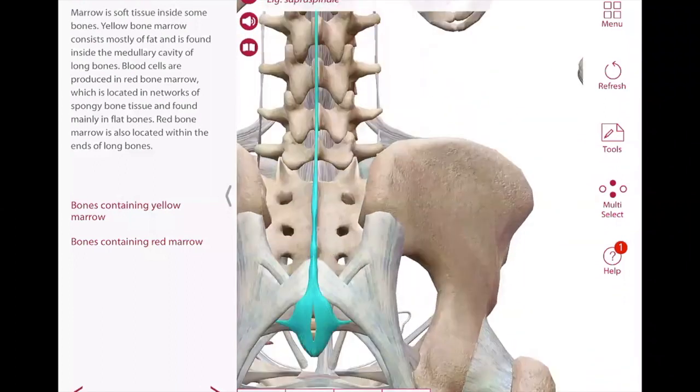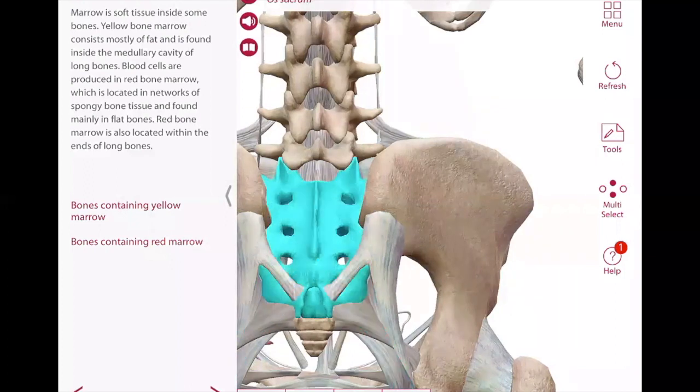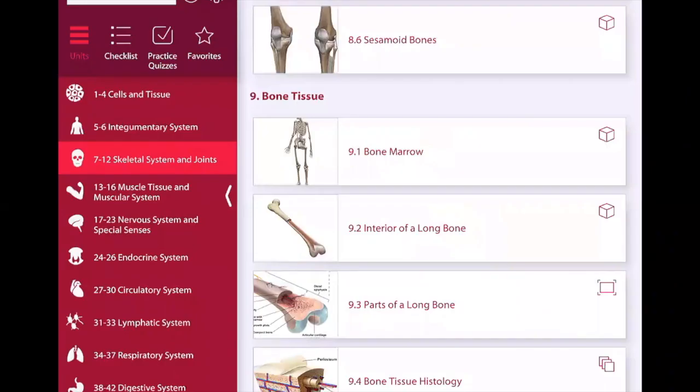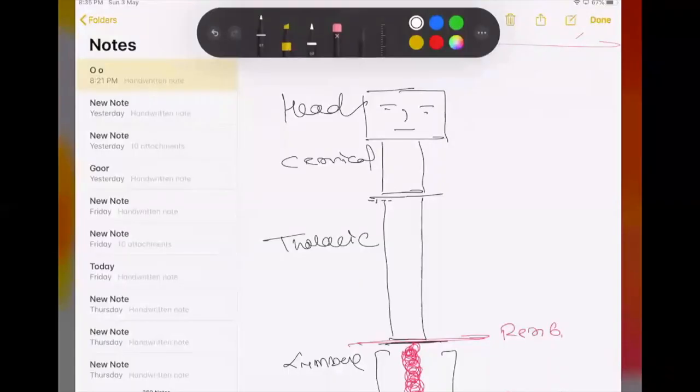All the 5 bones got fused and become one bone, so this is called the sacrum. Below the sacrum is the coccyx bone. After completing the lumbar vertebra, now it is the turn to see the sacral spine.